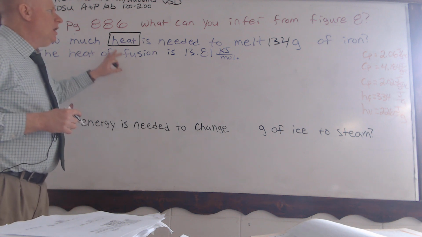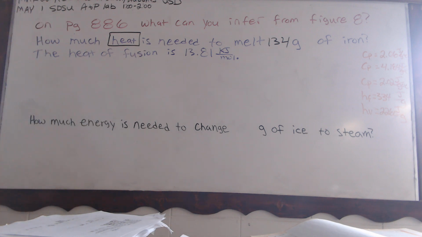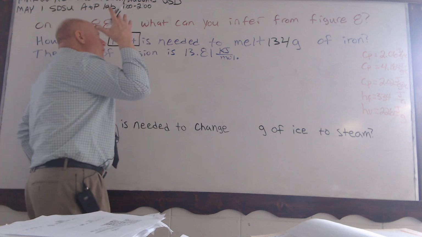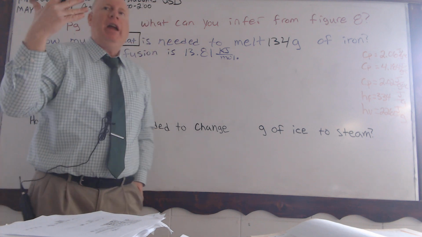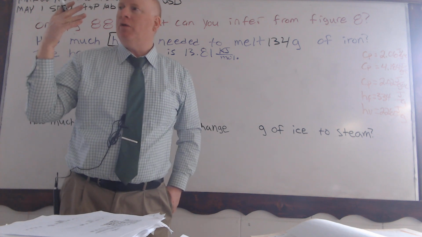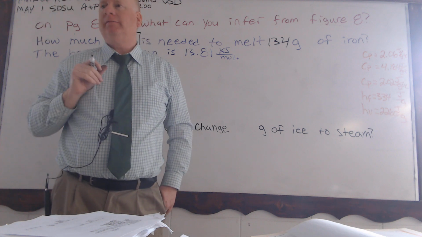So another aspect you have to ask yourself, is this a known or an unknown substance? You're right, because it says so. That's right. It's iron. Okay? So remember, if we're talking about heat, the end result has to be labeled in what?